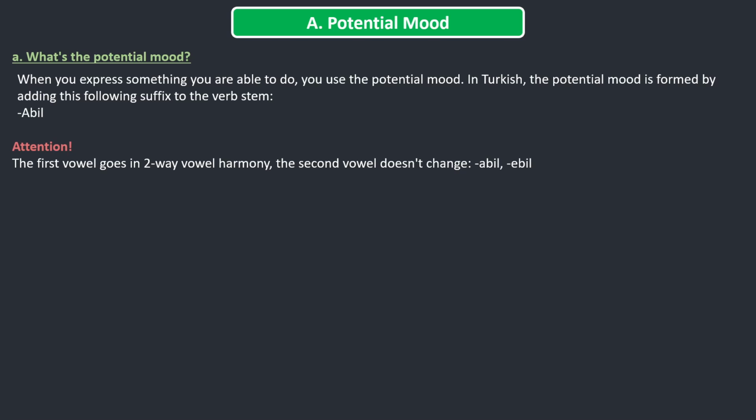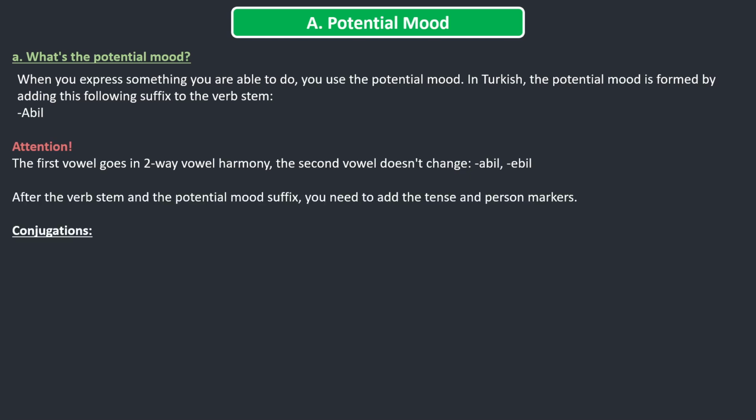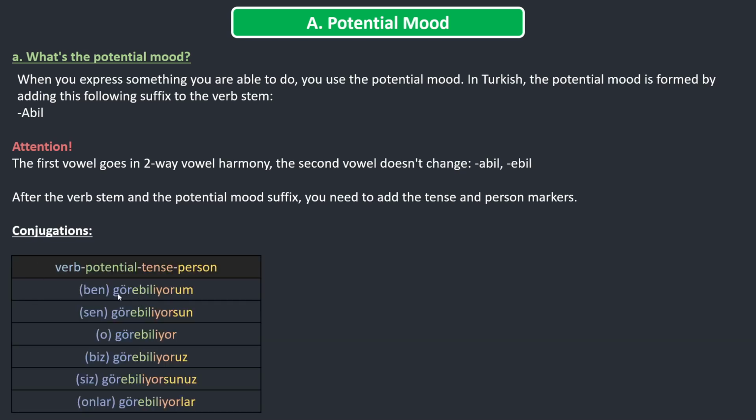Okay, so now we know the suffix, but how do we put it on our verbs and how do we make a conjugation? To give you an idea, I will make a quick small table with several verbs, but first let's start with this table for all the pronouns for this verb, görmek. Görmek means to see.